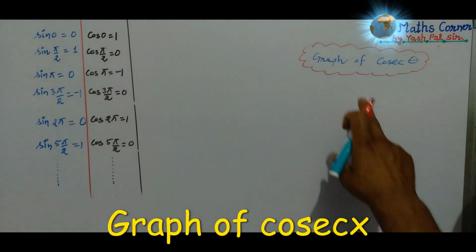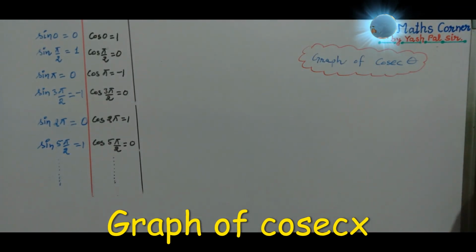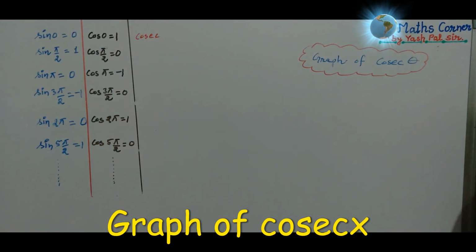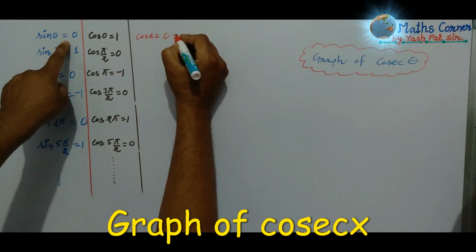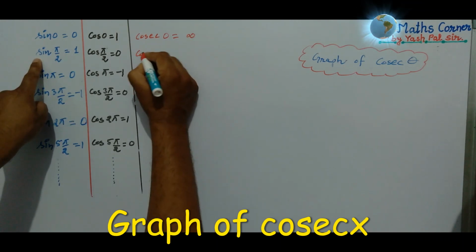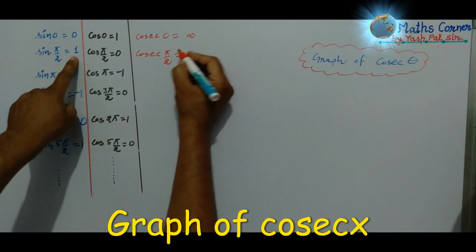Now lastly, how to sketch the graph of cosecant theta. Firstly, finding the values of cosecant theta. Here cosecant 0, the reciprocal of sine, 1 upon 0 is plus infinity. Cosecant of pi by 2, that is equal to 1 upon 1.